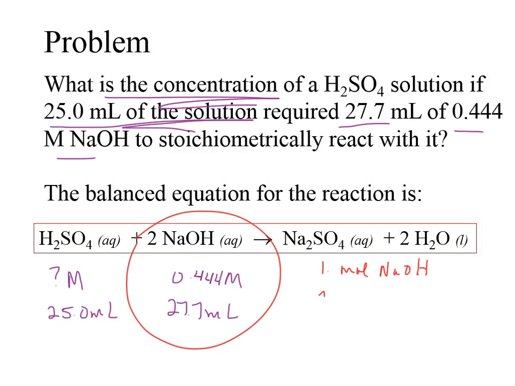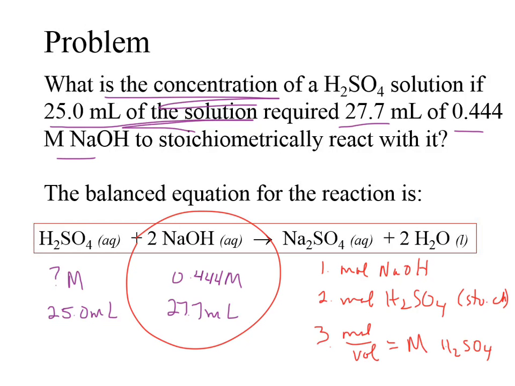And then the next thing is we can get to moles of H2SO4 using stoichiometry. Once we have moles of H2SO4, we can just take that moles and divide it by volume to get molarity. So moles divided by volume, which was given, will give us molarity of H2SO4. So that is the game plan.